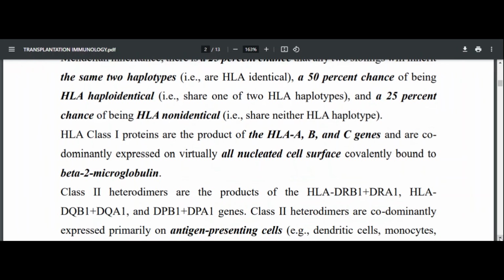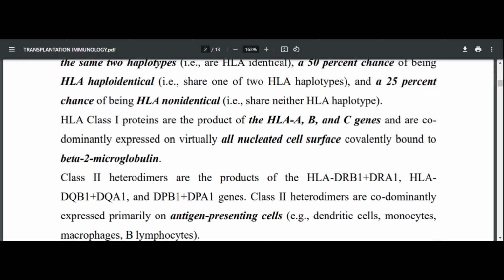HLA class 1 proteins are the product of the HLA A, B, and C genes, and they are predominantly expressed on virtually all nucleated cell surfaces, covalently bound to beta-2 microglobulin. Class 2 heterodimers are the products of HLA DR, DQ, and DP, depending on which gene is going to be expressed.